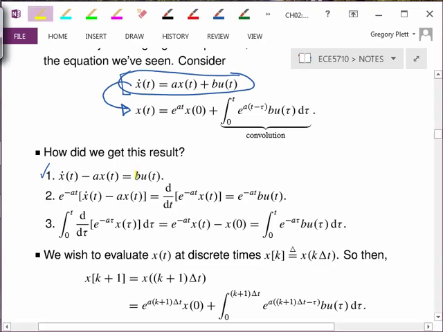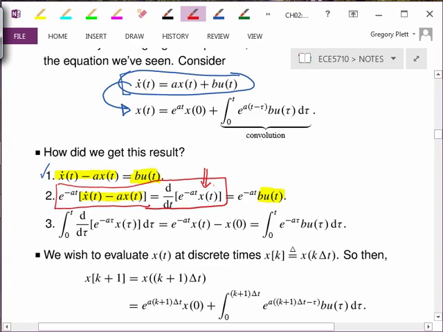So b times u of t becomes b times u of t multiplied by e to the minus at, and I have x dot minus ax multiplied by e to the minus at. Let's look at this. I claim that that is equal to this. So in particular, let's see if my claim is true.